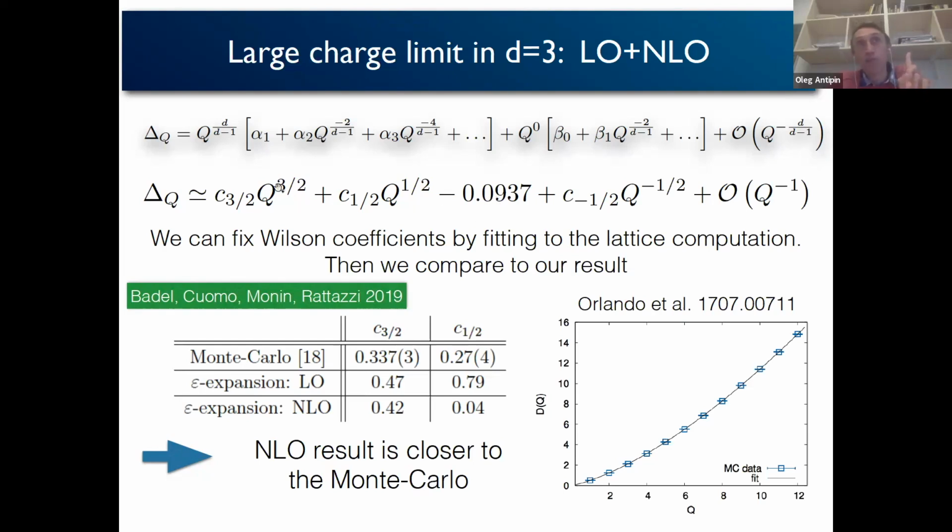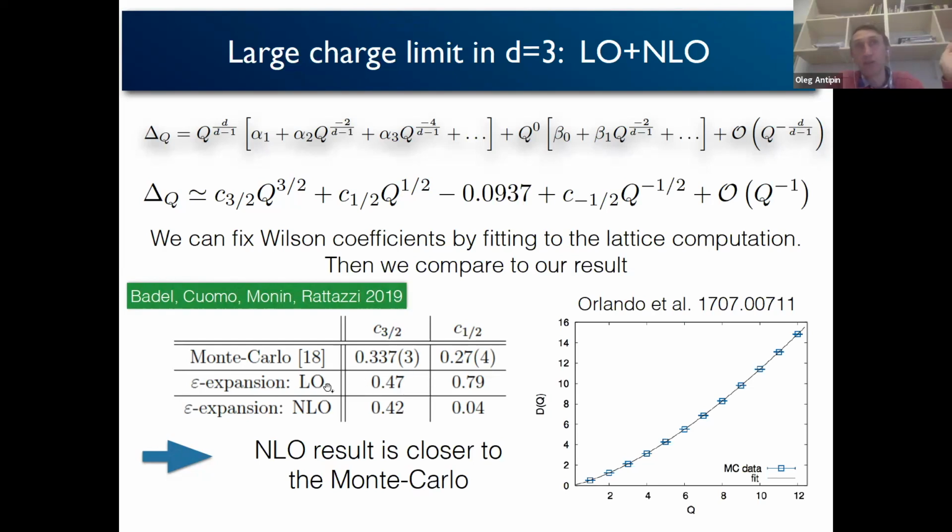Remember, in 4 dimensions, we had 4/3, 2/3 terms. In 3 dimensions, there's 3/2, 1/2 from this general expansion. So they fitted these coefficients C3/2, C1/2 to the data, okay? And this is the result, 0.33, 0.27. We can take our results for delta -1, delta 0, in 4 minus epsilon, take epsilon to 1, and try to see how well we compare.